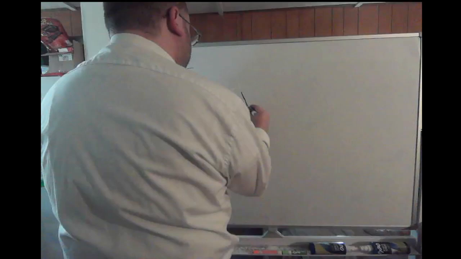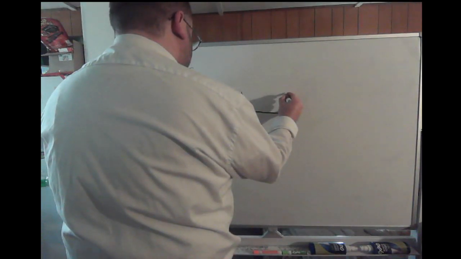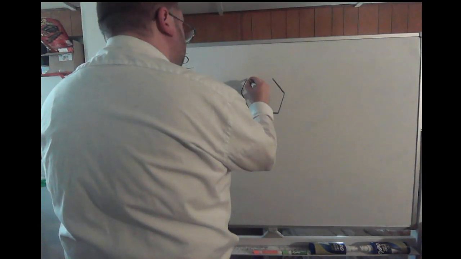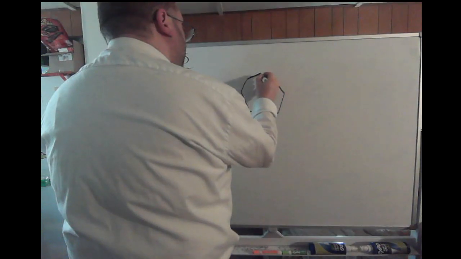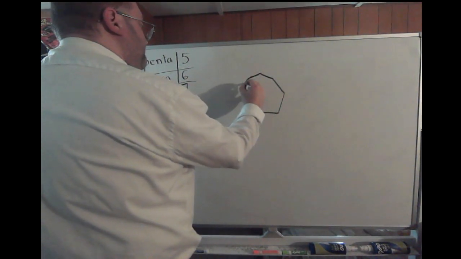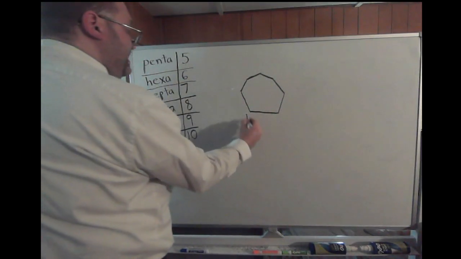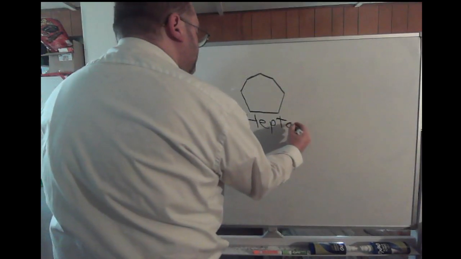Alright, so according to what I'm pulling up here, it is something like this. So there is a heptagon. It's got 7 sides.